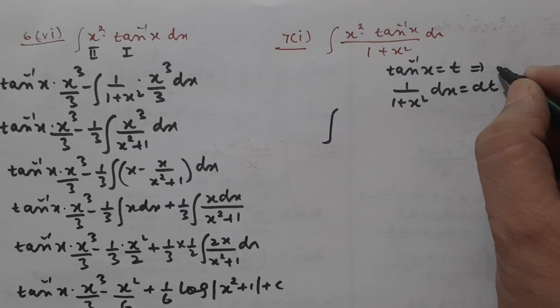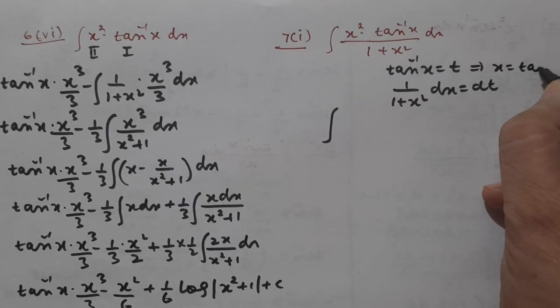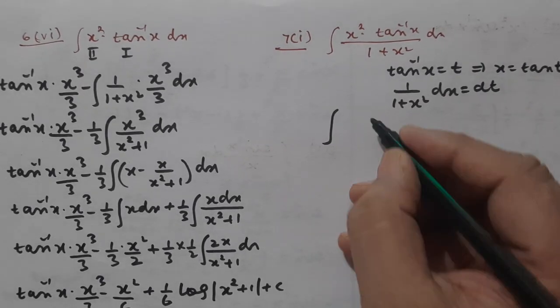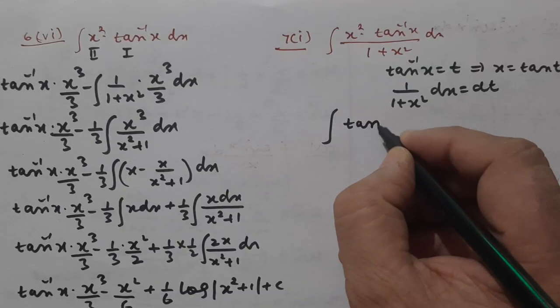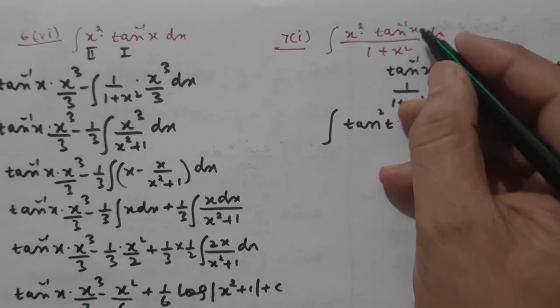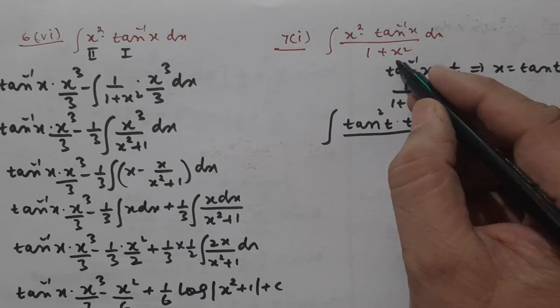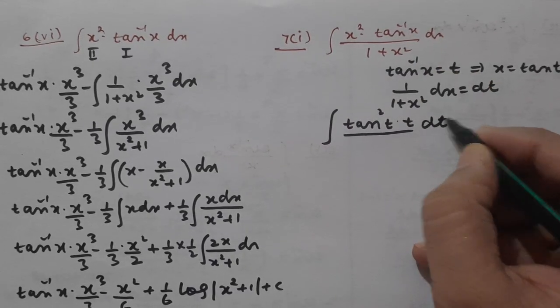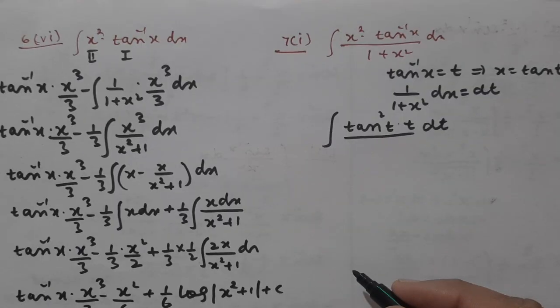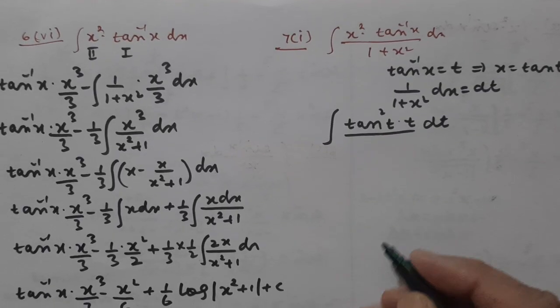So here x will be tangent of t, so what we get, tangent square t, in place of tangent inverse x we have t, and 1 upon 1 plus x square dx is dt. So we get this expression t into tangent square t.